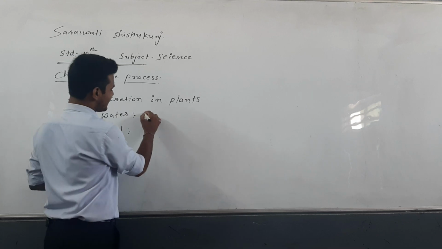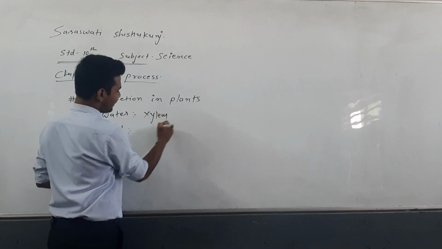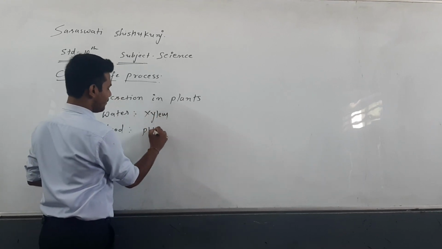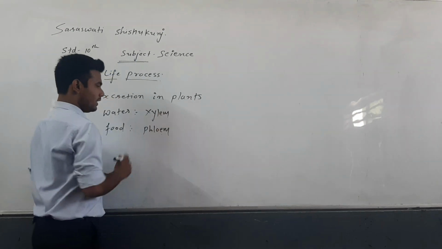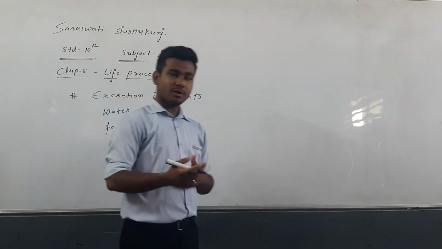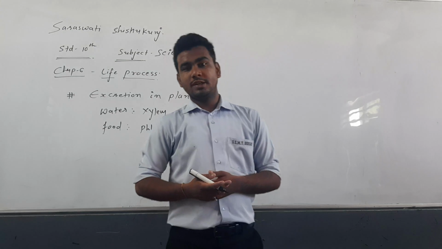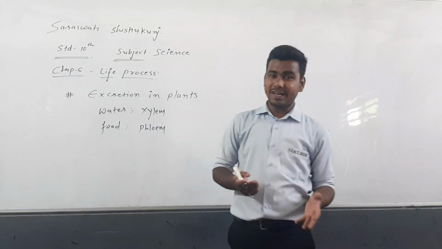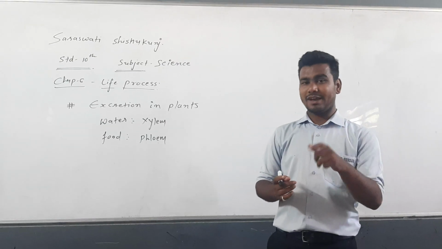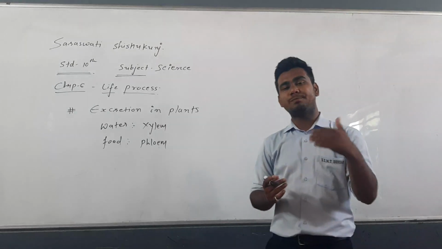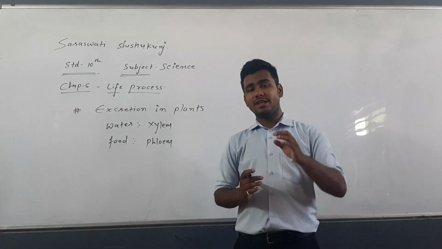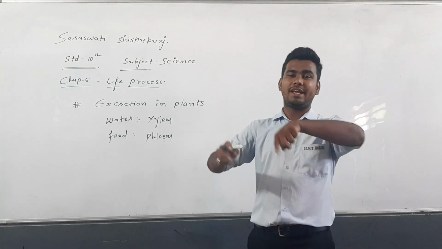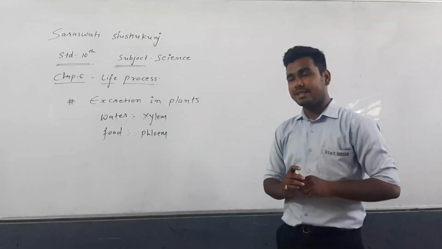Supply of water is done by xylem and supply of food is done by phloem. As there is transportation of water and nutrients, there is a process of transpiration and translocation. We have also understood what transpiration is. Transpiration means removing of water from the aerial parts of trees, right?